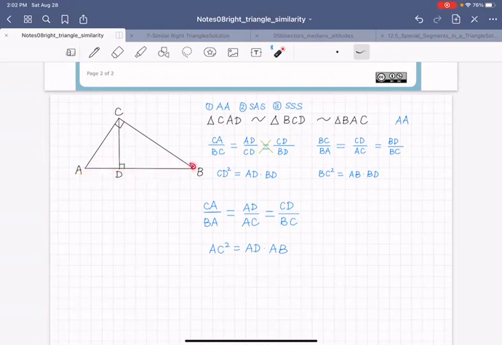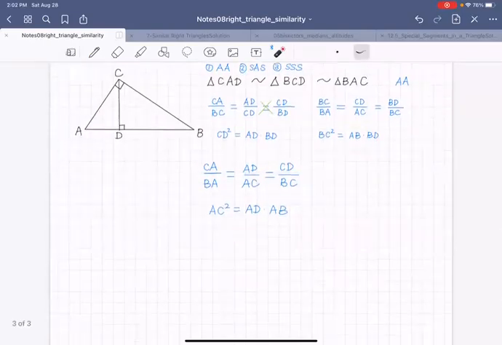On the right, this guy squared is AB times BD. So these three theorems help us solve many complicated questions for the right triangle. I'm going to give you two more formulas.